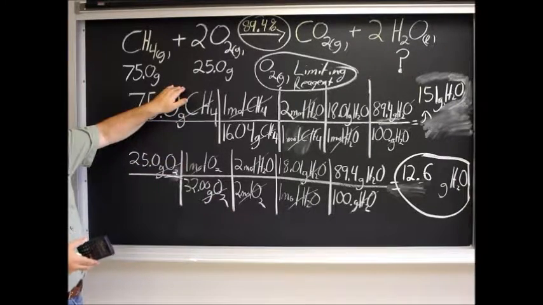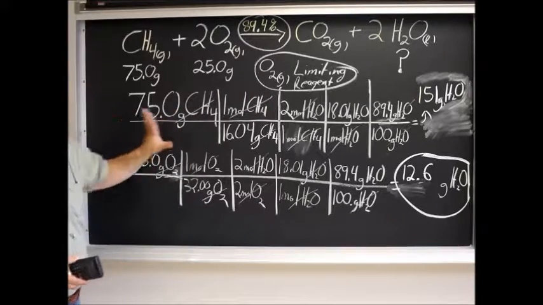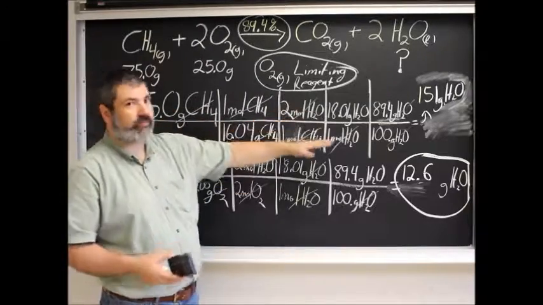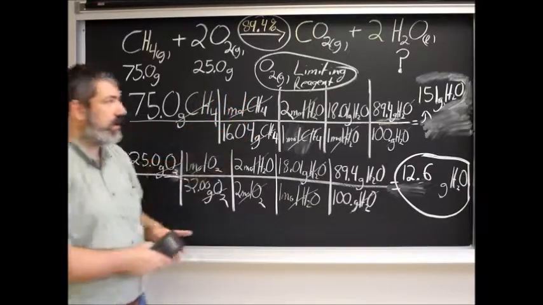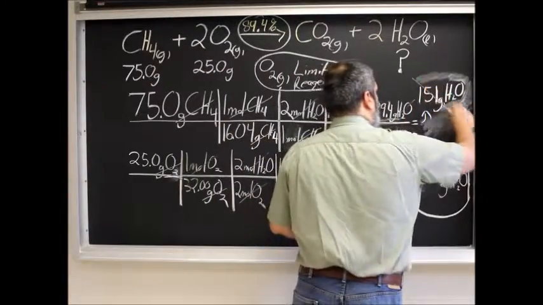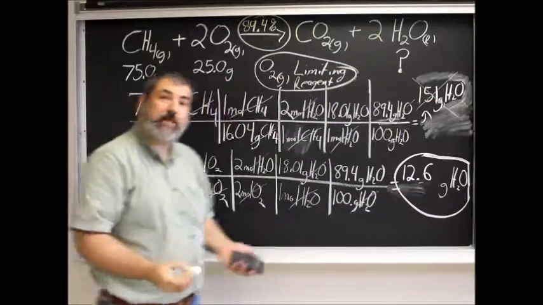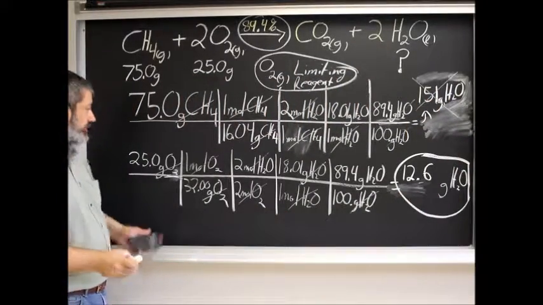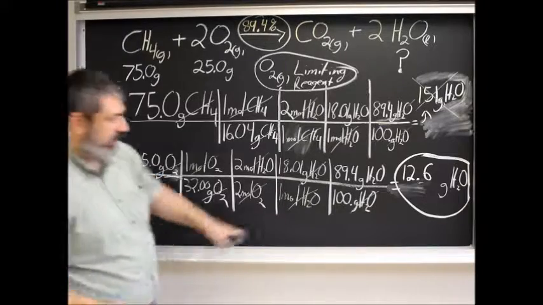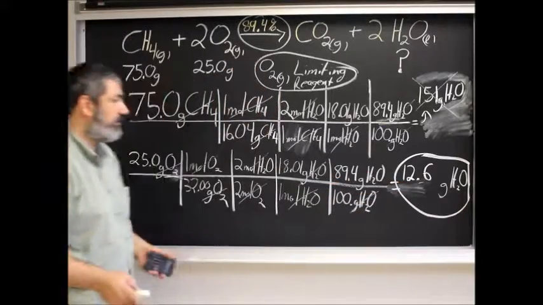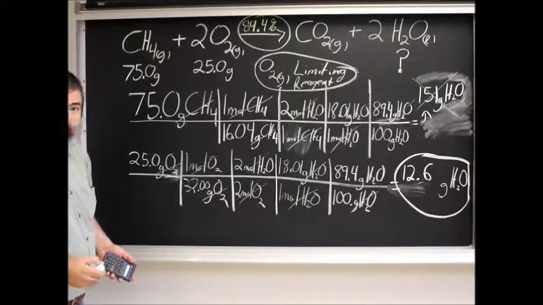Notice this calculation and this calculation are completely separate. They're next to each other, but that's it. I don't combine them in any shape, form, or fashion because that physically does not mean anything in this context. We run out of oxygen, therefore 12.6 grams of water is the maximum we can produce.